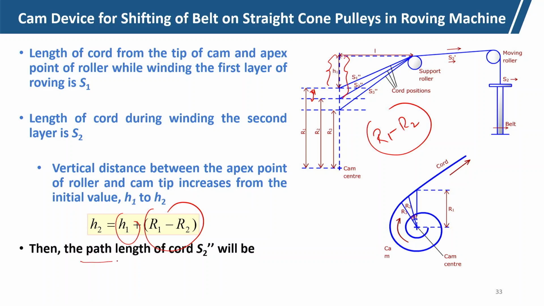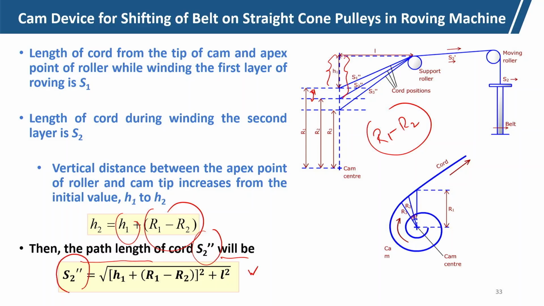Then the path length of the cord, S2 dash, will be this, okay, this plus L square.